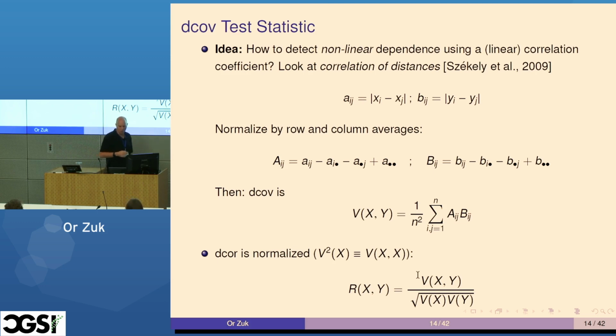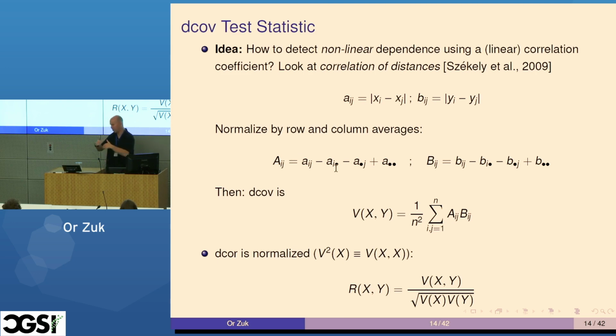So the idea was not to correlate x and y, but to correlate the pairwise distances. So for each pair of observations i and j, we calculate x_i minus x_j and y_i minus y_j, call them a_ij and b_ij. Now you get not a vector, but a matrix, right? Because you have all the pairwise distances. So we have two matrices, A and B, and we want to sort of correlate the matrices. We have to normalize. When you normalize a matrix, it's a little bit more tricky than a vector.